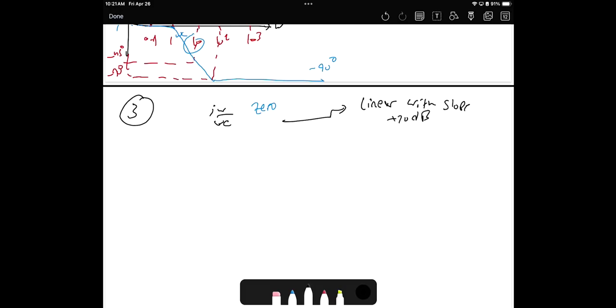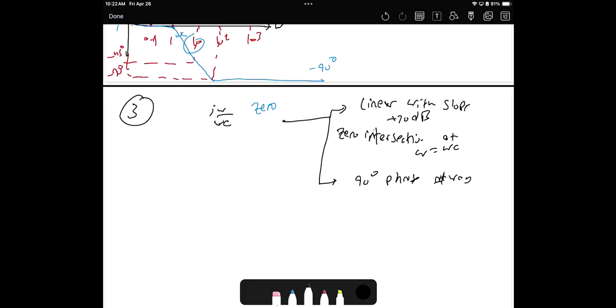There is no activation, it is simply linear, but it has a zero intersection at omega equals omega c. How about the angle? It is 90 degrees always. There is no activation at omega c.